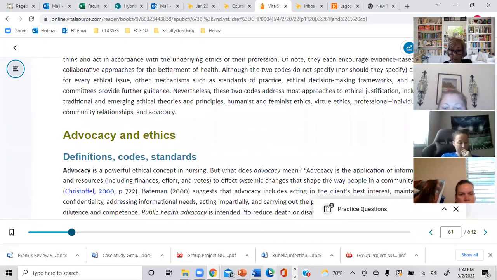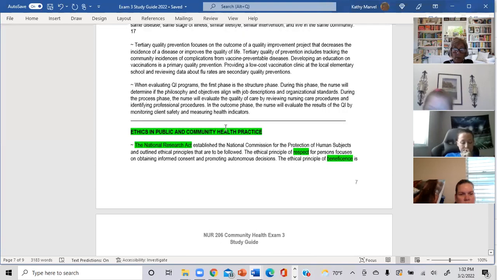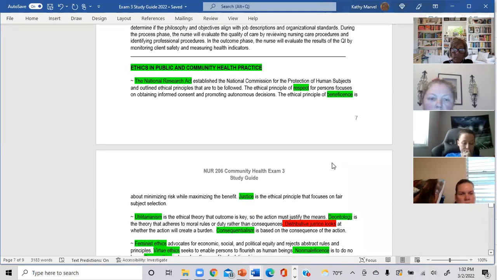I think we have, let me just double check to make sure we have covered National Research Act. You can look that up in the book. But just as a summary, National Research Act established the National Commission for the Protection of Human Subjects, okay? And it outlines ethical principles to be followed.